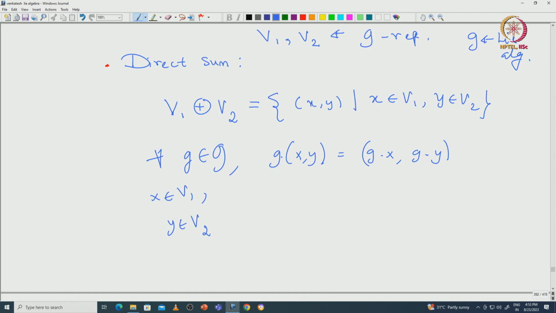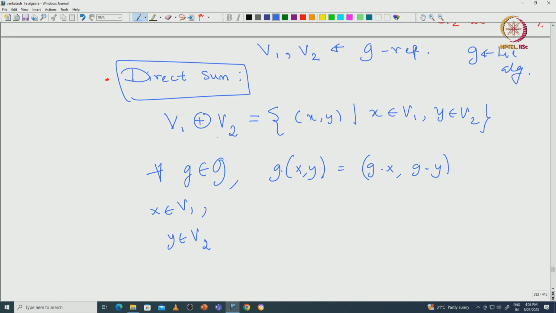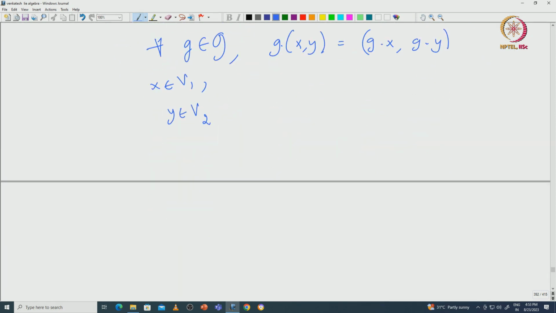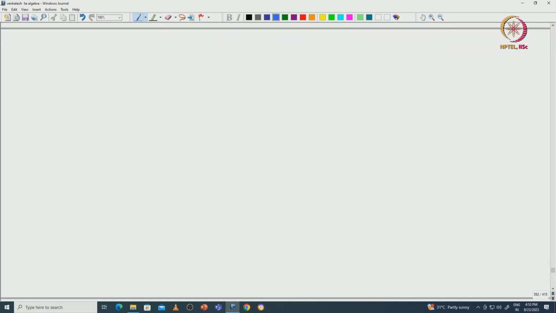I will leave it to you to check that this defines an action of g on V1 direct sum V2. So the direct sum of two g representations is again a g representation. This is not very hard to see.